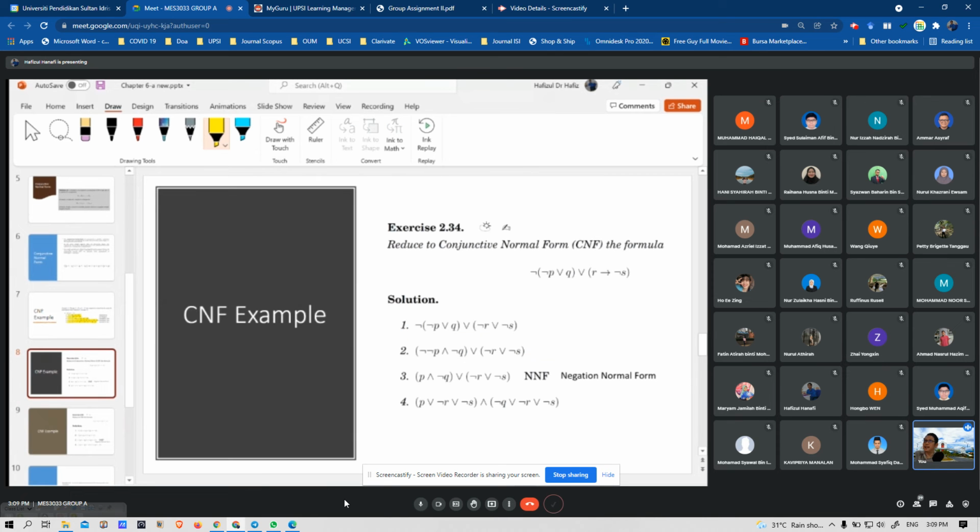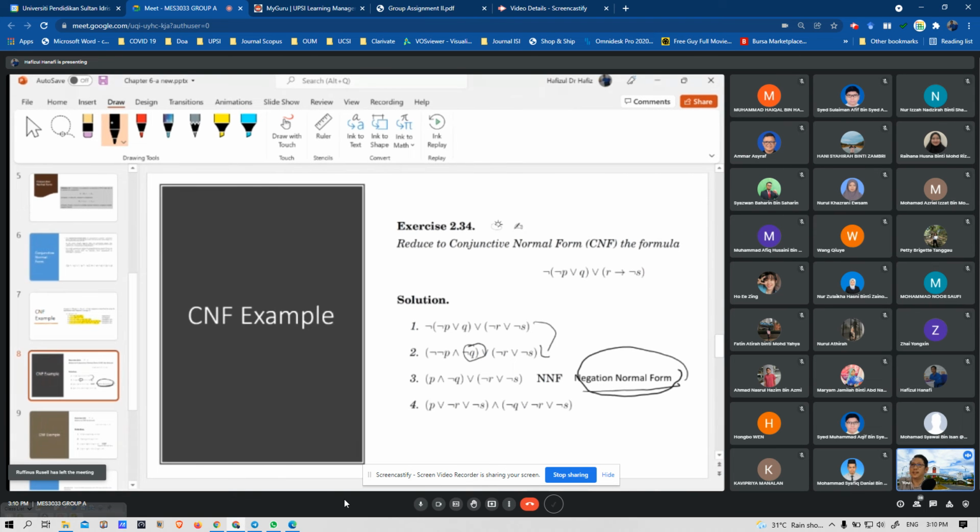And then another example: reduce the formula to conjunctive normal form. For the solution, we go by negation first. We negate, and then here we go by De Morgan's law. Negate P and negate Q, or negate R or negate S, and then we have negation normal form, NNF, to remove the negation.